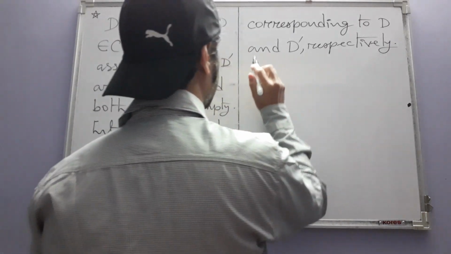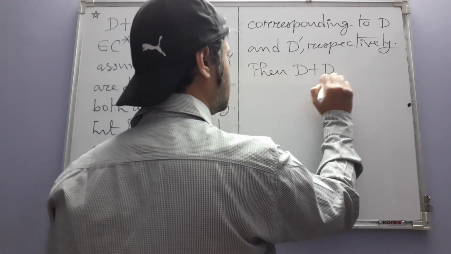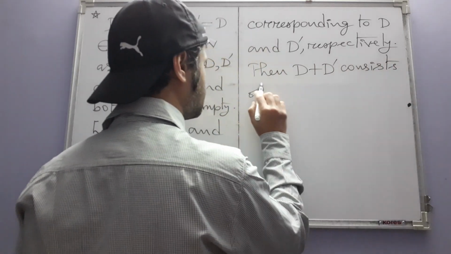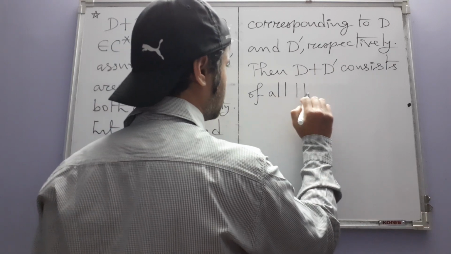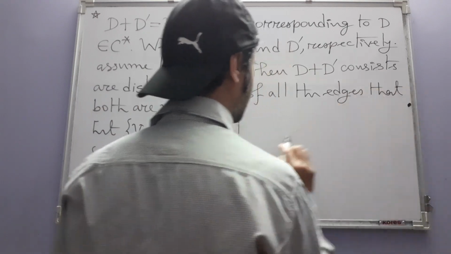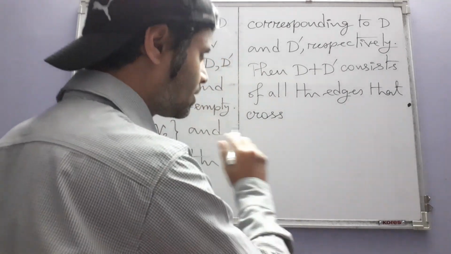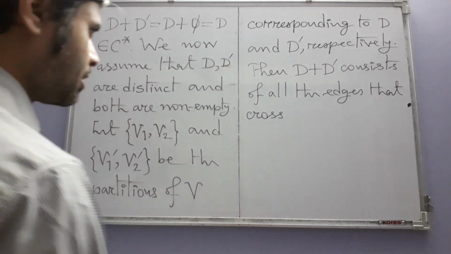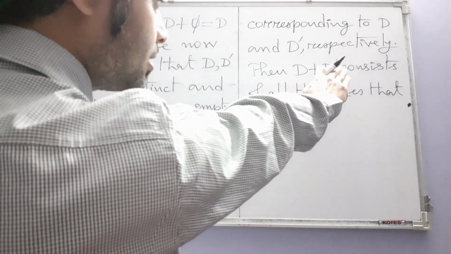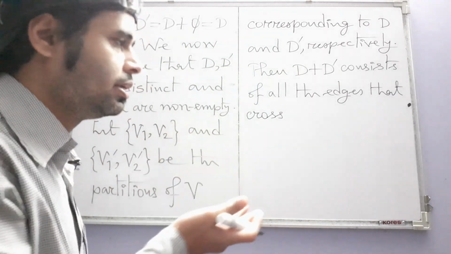Then D plus D prime consists of all the edges that cross one of the partitions but not the other, because if an edge in D plus D prime crosses this partition as well as this partition, then that means it belongs to both D and D prime.